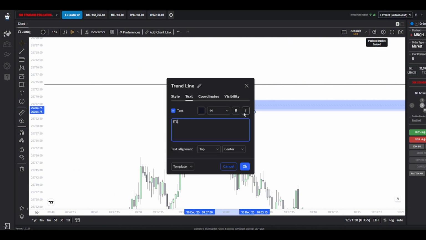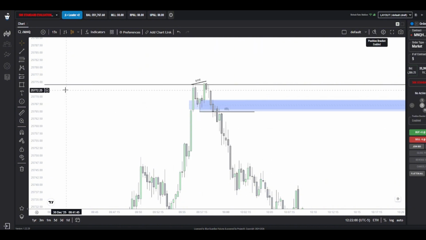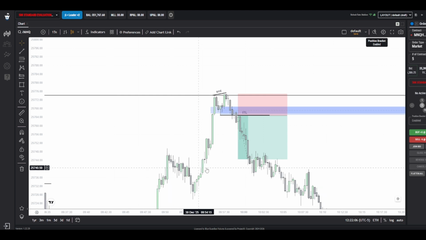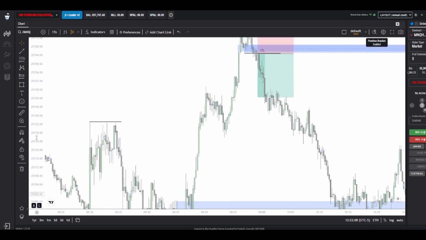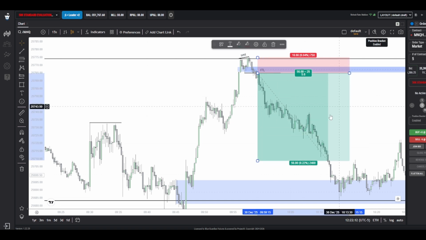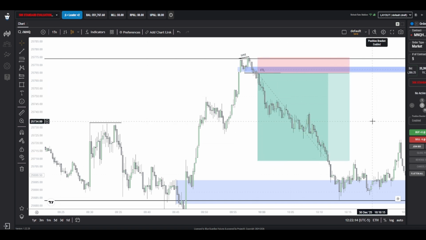Here is the intermediate low, and this is my entry. Stop above the high, and I fully closed the position around here, so it was 5.6 risk reward.